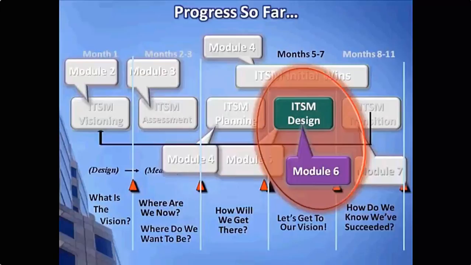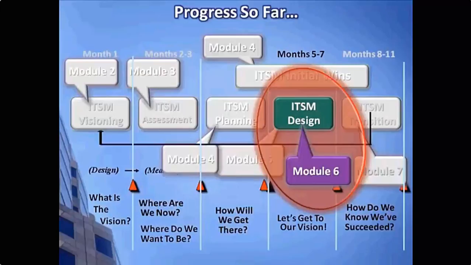In learning module number 3, we covered ITIL assessments, learning how to assess our processes, technologies, organization, and governance and reporting practices. In learning module number 4, we learned how to translate the output of those assessments into recommendations and action items, and finally into initial win efforts that we can execute to show real results with our implementation effort.